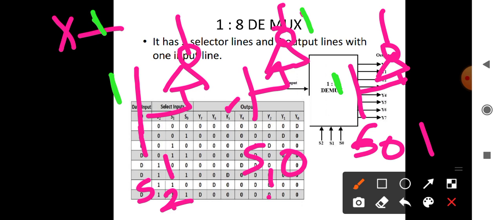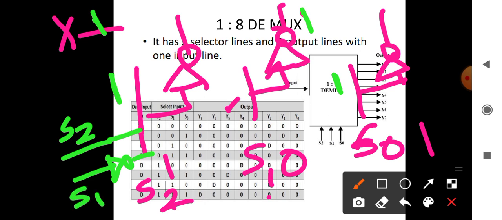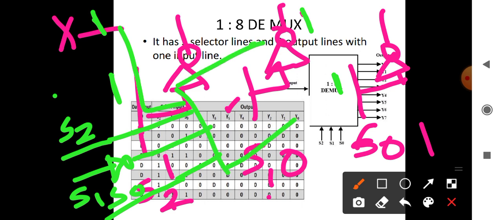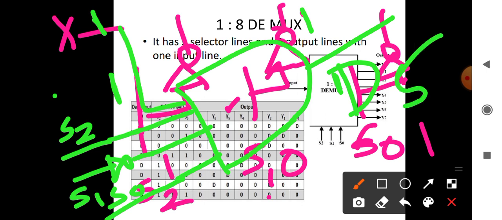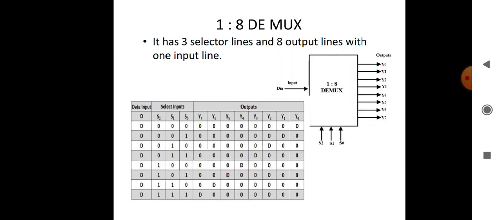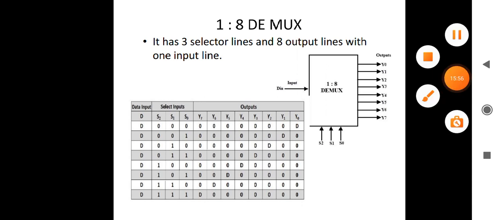We can take S2 directly, then the complemented value of S1, and S0 directly, and X is already there. Then these 4 inputs are fed to the AND gate, and this forms your D5, that is S0, S1, S2 and X.